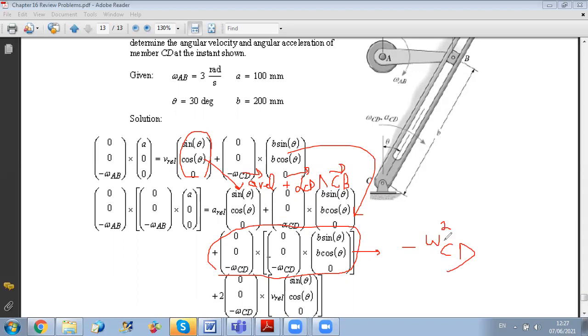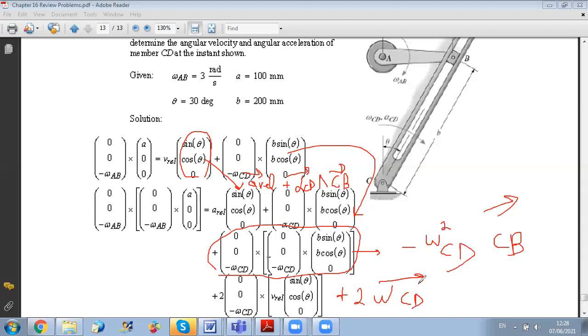So it's minus omega squared CD times vector CB. And finally, we have the Coriolis acceleration, which is plus 2 omega CD vectorial V relative.